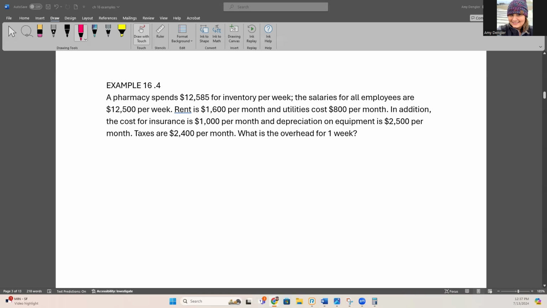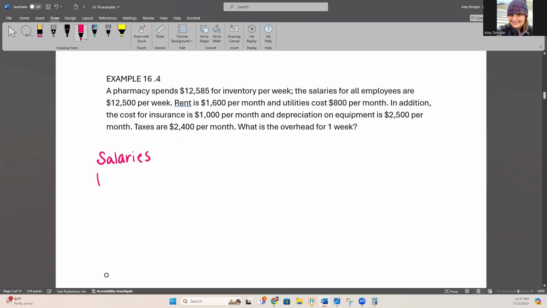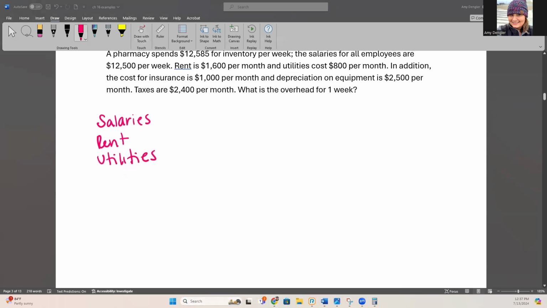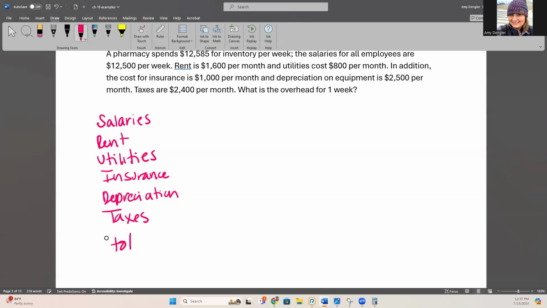So we're going to write all this out. So we're going to do salaries, rent, utilities, insurance, depreciation, taxes, and then we'll have our total overhead.